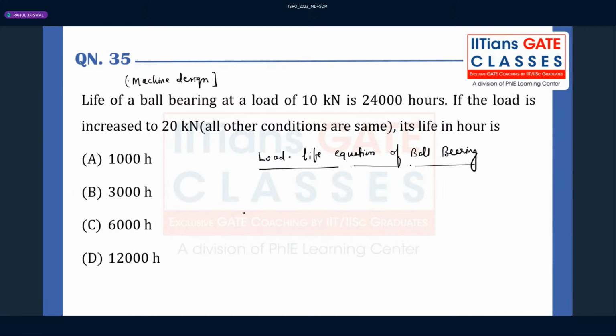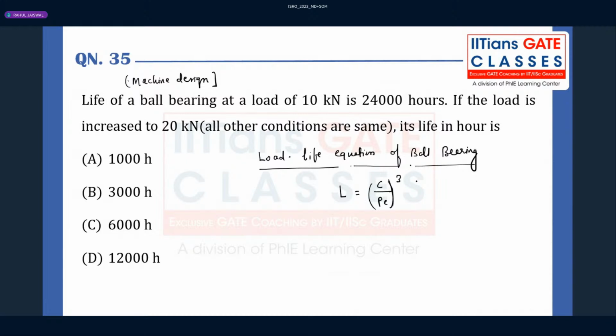The load life equation: L, that is life, is equal to (C divided by PE) to the power 3, where 3 is for ball bearings. C is nothing but the dynamic load capacity, and for a particular bearing it will be constant.